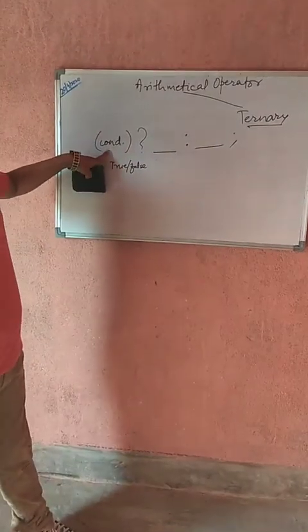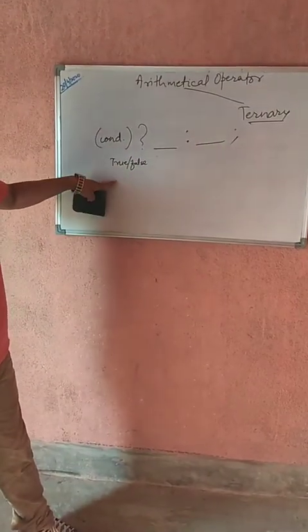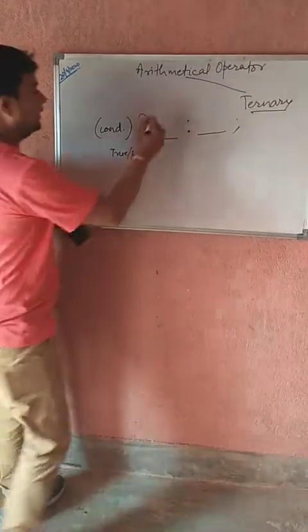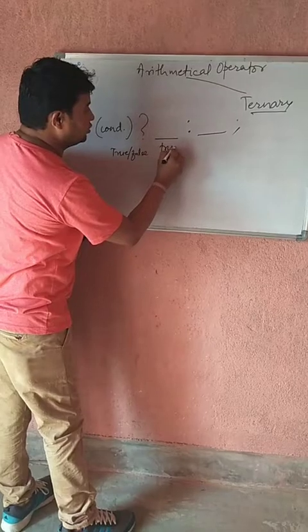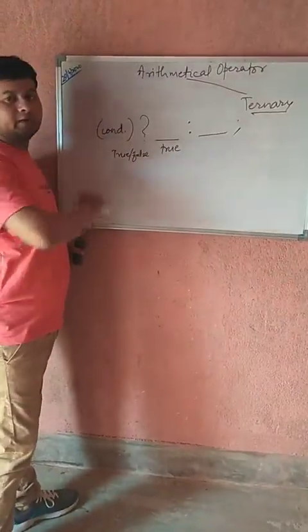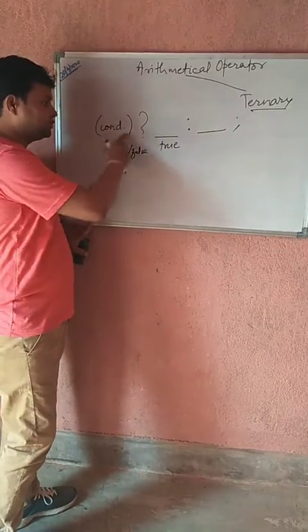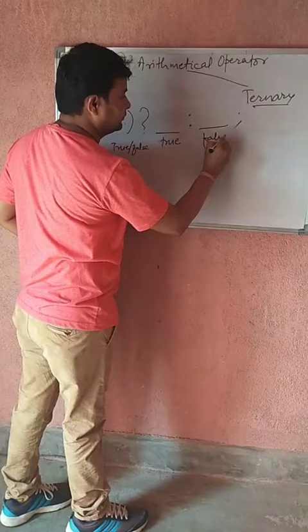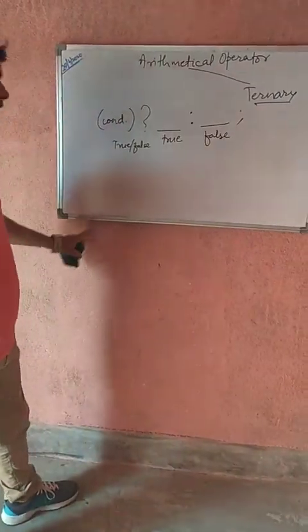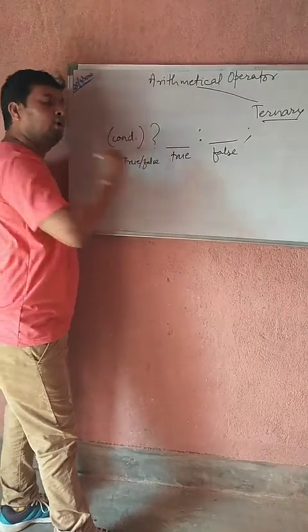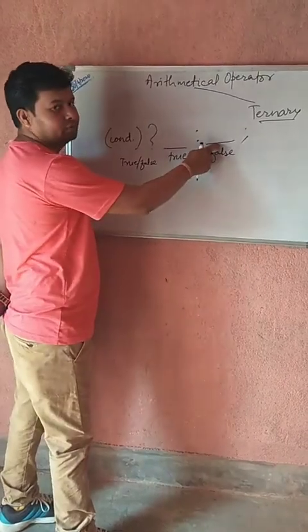If this condition becomes true, then it will execute this part. This is called the true part. If this condition is false, then it will execute this part. This is the false part. It means based on this condition, either this will execute or this will execute.